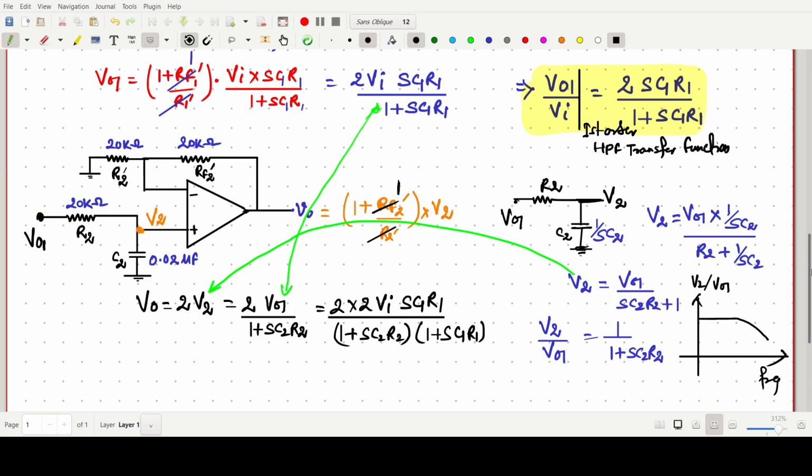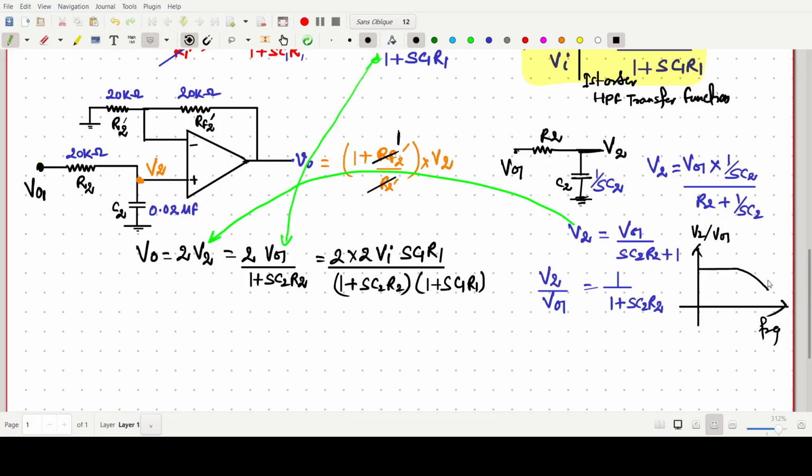So the overall function V naught equals 4 times Vi into SC1 R1 upon 1 plus SC1 R1, into 1 plus SC2 R2. Is it okay? Simple calculation.